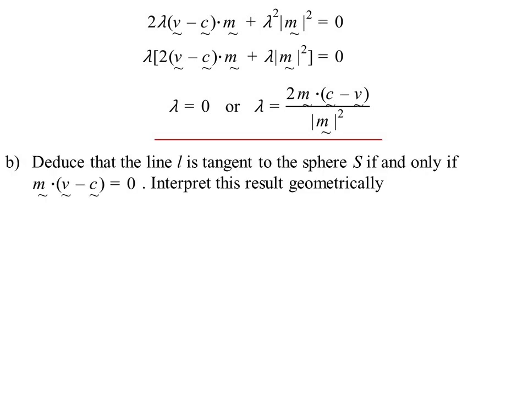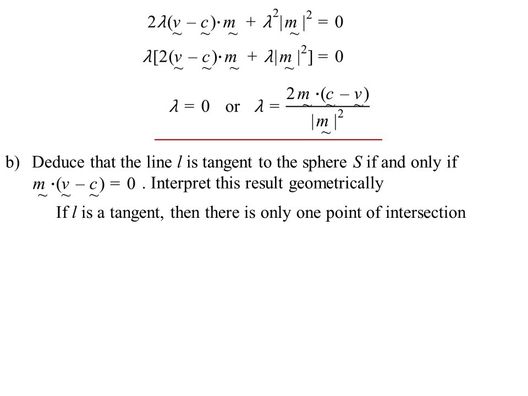Now we're going to deduce that that line is a tangent, so it only touches it in one place, if and only if M dot V minus C is equal to 0, and interpret this result geometrically. Well, if it is a tangent, there's only one point of intersection. We know that. So in other words, that random point W that I said was on the line must be at V, because it's the only point of intersection.